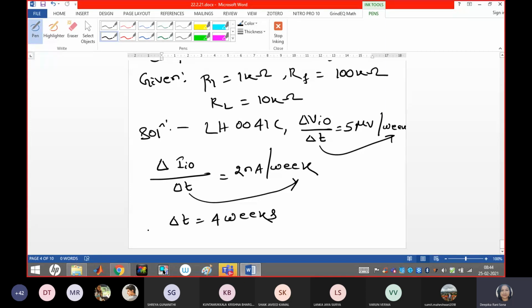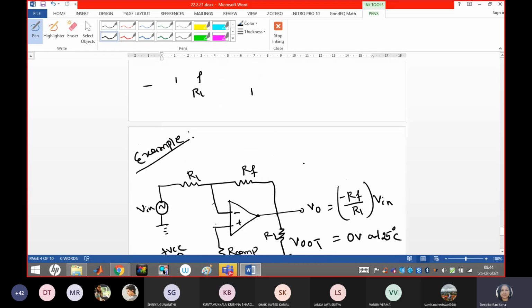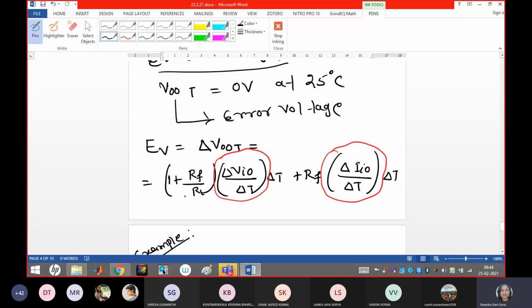So what is the definition of this del VOOT? Just apply those values and calculate the answer. I am waiting for the response. All the data you got in the previous equation here. 1 plus RF by R1 into del VIO by capital del T was there, but now small del T is there. Del VIO by small del T value is provided. Small del T also provided.